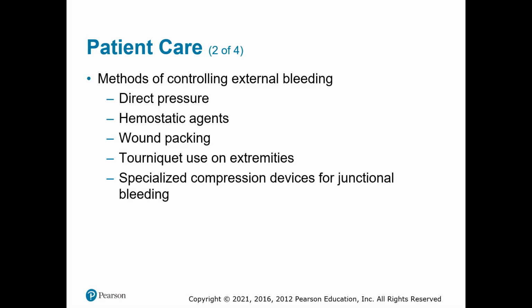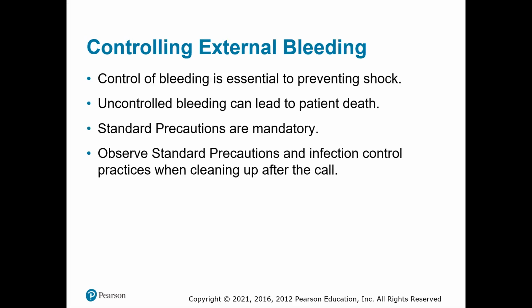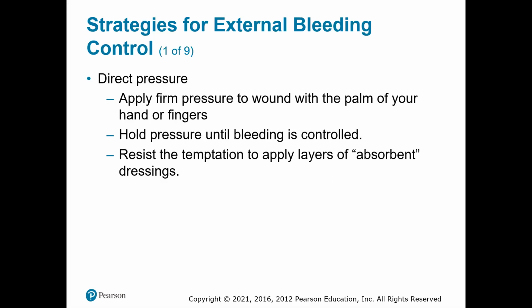We have tourniquet use on the extremities if pressure and wound packing is not working. And then there are some specialized devices for junctional bleeding. So stop the bleed, we know that. Even if you've got to come up to a patient and use your gloved hand to stop it while you're getting other materials ready, do that.